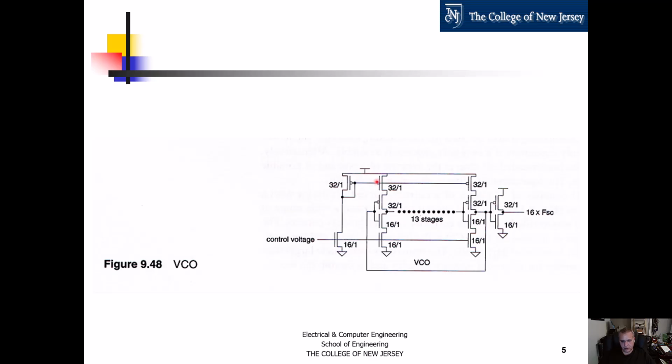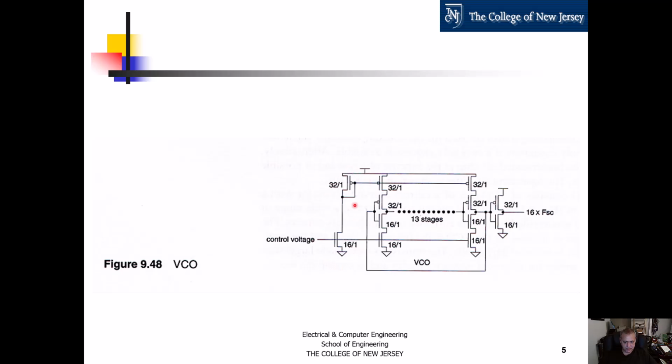So the way that this works is that we have this circuit here, which is going to symmetrically mirror the voltage. So if VDD here is 1.8 volts and this control voltage is 1.7, essentially 0.1 volts below VDD, then the voltage here is going to be 0.1 volt above VSS.